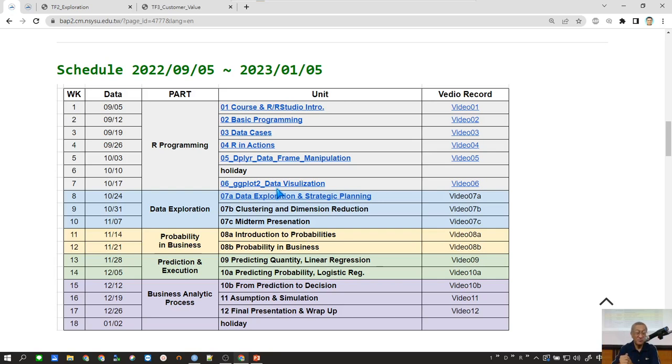So inferential statistics is one thing, diagnostics is another, and that is more theoretical than practical.